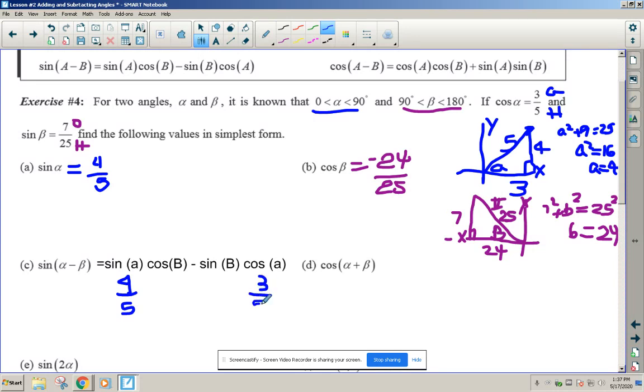And I'm going to color code it to maybe make it easier to read. Now, the cosine of beta was negative 24/25. And the sine of beta is 7/25.